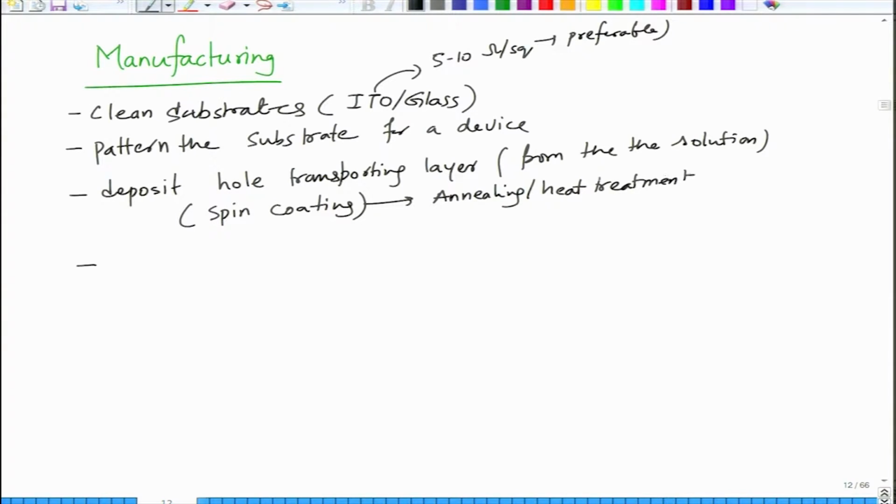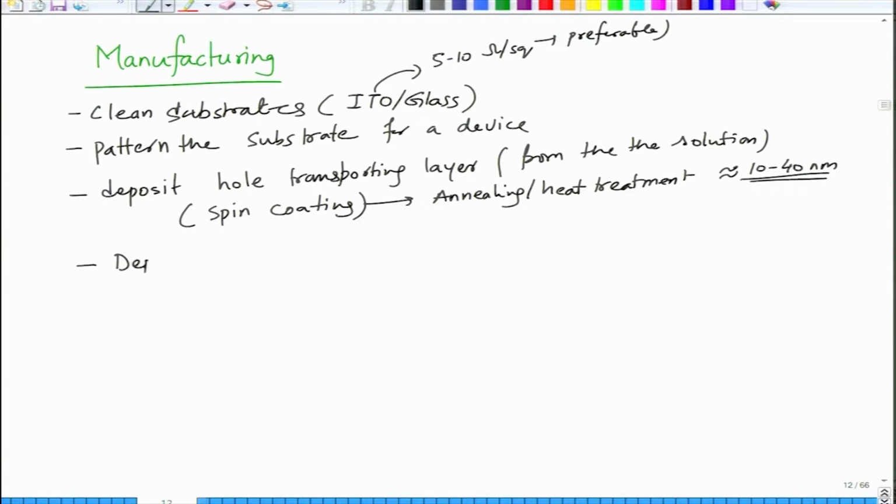What is important at this stage is the spin speed, the spin time, the amount of material that you put, and the time and temperature at which you anneal. This will determine the thickness and microstructure of the layer, which is generally of the order of 10 to 40 nanometers, depending upon the type of material.